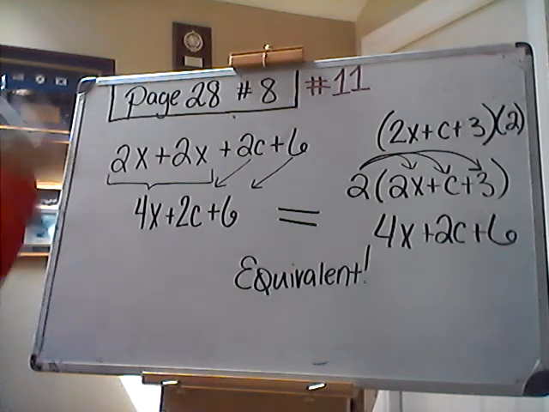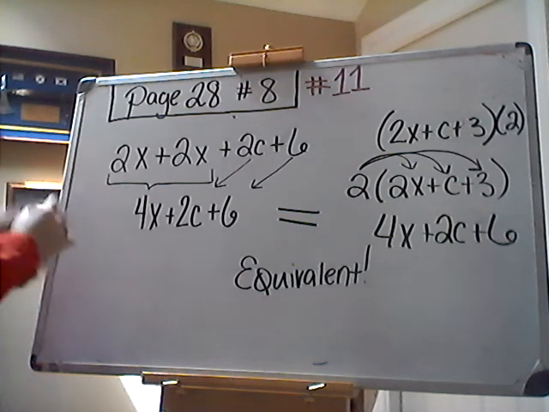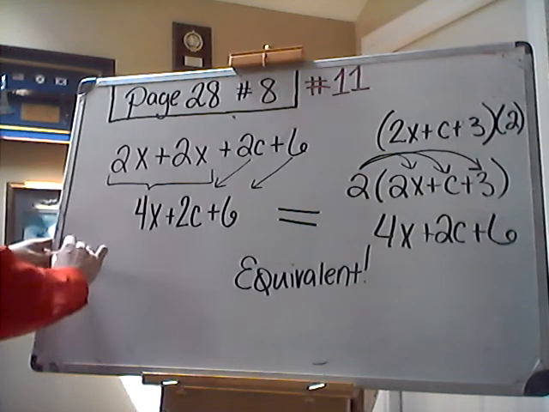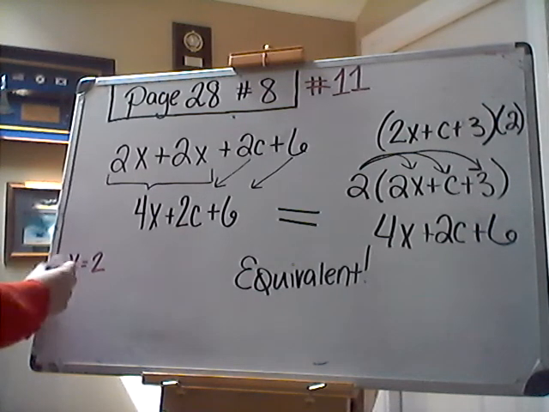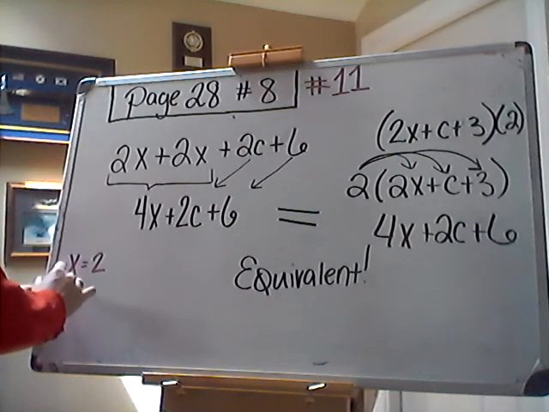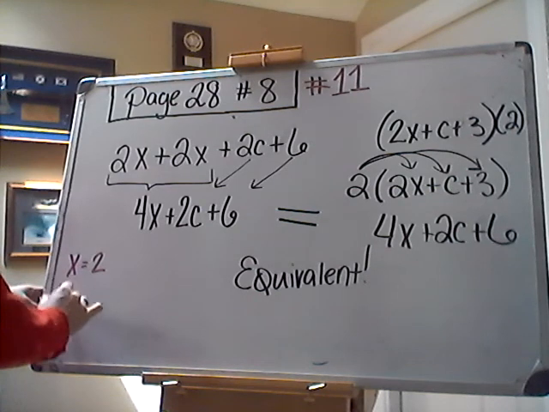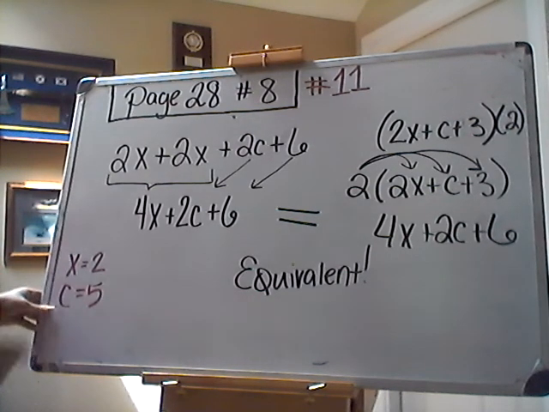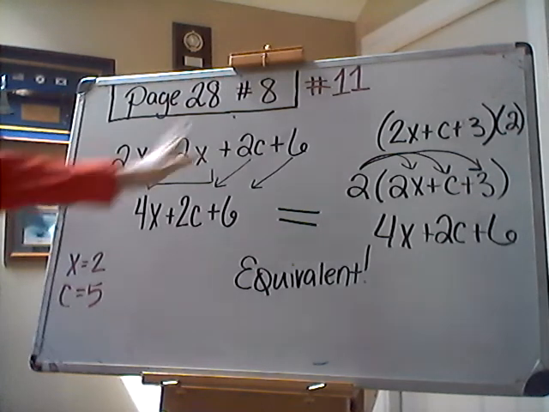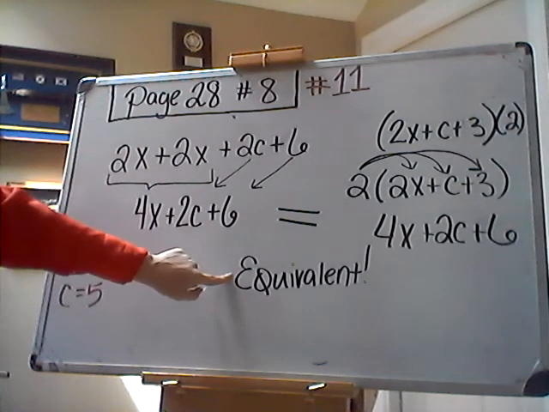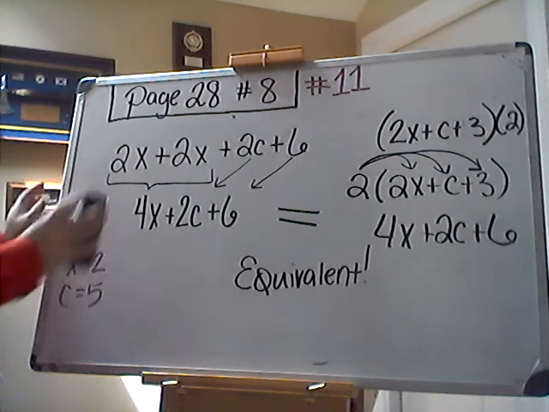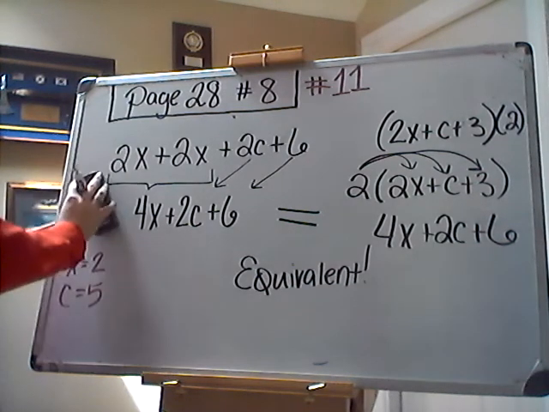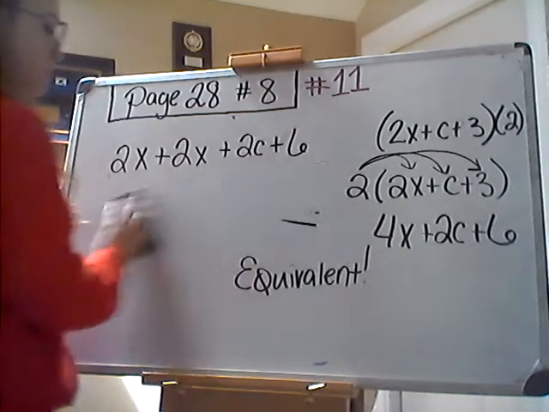So, it's basically if you pick a value for x, let's say 2, x could be 2, pick a value for c, c can be 5. Those are easy numbers. We're going to check to see if these are actually equivalent, like we discovered in number 8, by plugging these numbers back into our original expressions.